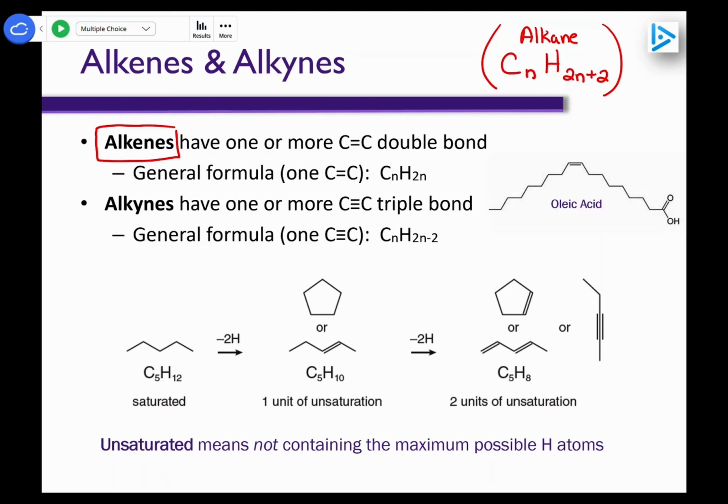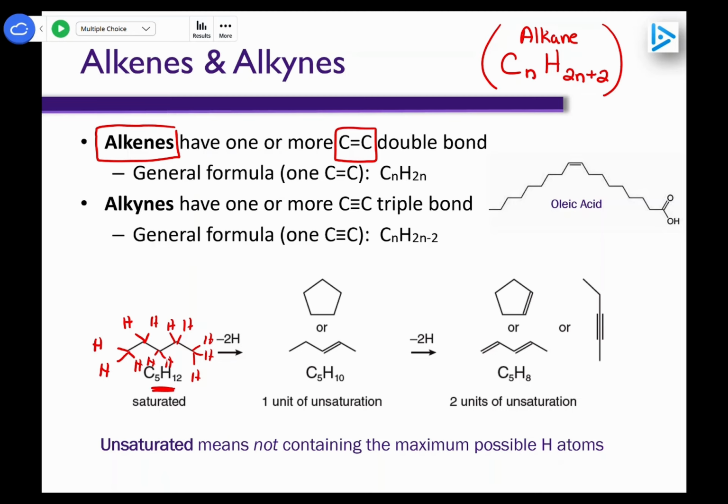Alkenes, as you know already, have one or more carbon-carbon double bonds. In order to do that, we had to remove 2 hydrogens if we're going from an alkane to an alkene. So in this saturated alkane down below, I'm going to draw in all of my hydrogens, and I hope you follow along as well. This molecule, this pentane, has a ratio of 5 to 12.